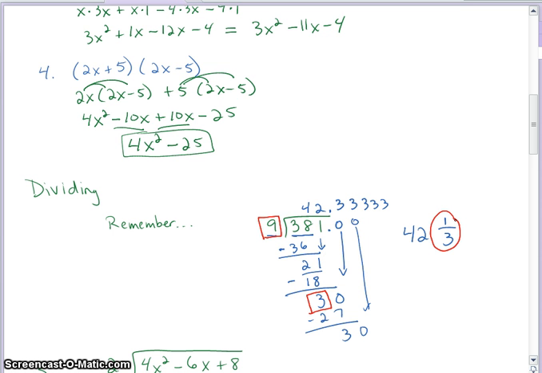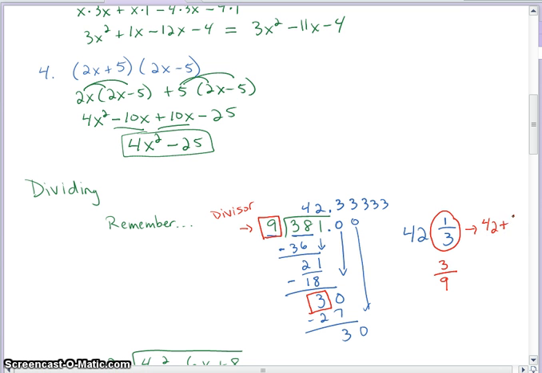It's 3 over 9, right? I have my leftover 3 over my divisor. The divisor is what you're dividing by. So your remainder goes as a fraction. What does this mean to do with the 42 and the 1/3? Am I multiplying them or am I adding them?